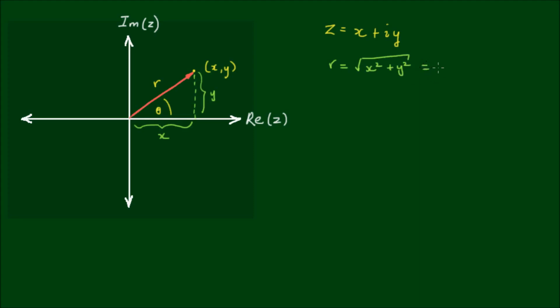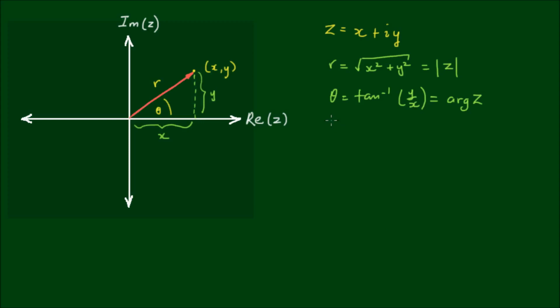And we can also brand this as the modulus of z, or the magnitude of z. And the angle theta by trigonometry is simply the inverse tan of y divided by x. And this we call the argument of z, written as arg z.